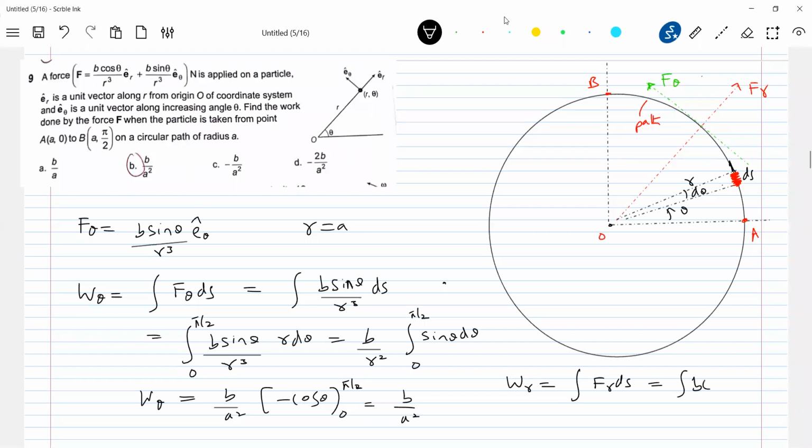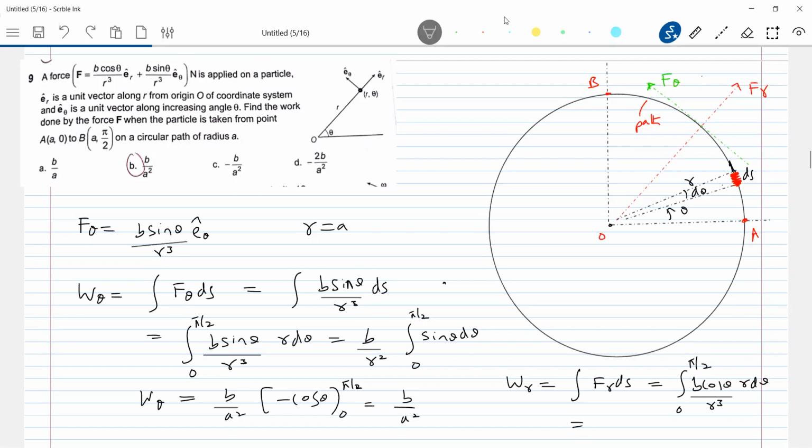Fr is given as b cos theta by r cube. ds is r d theta, from 0 to pi by 2. Will you agree with this? Shall I integrate and substitute limits, or something I'm missing? Anybody? Something is missing.